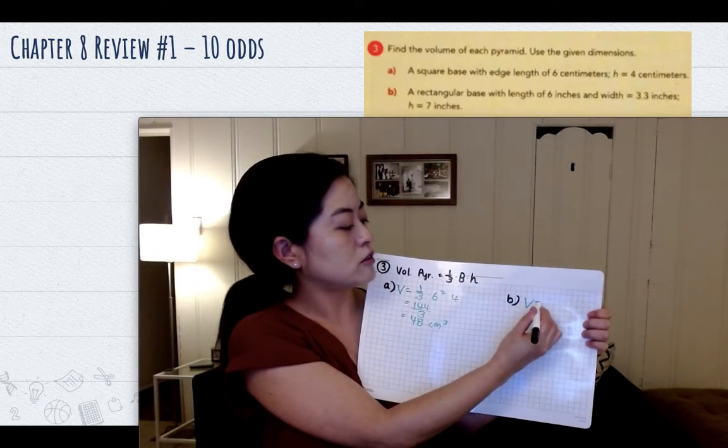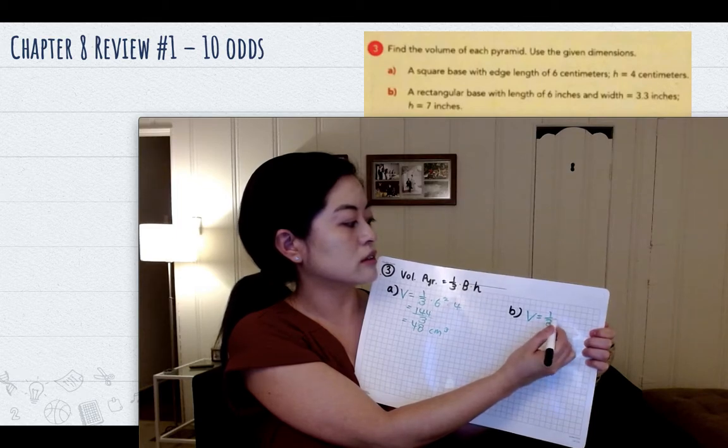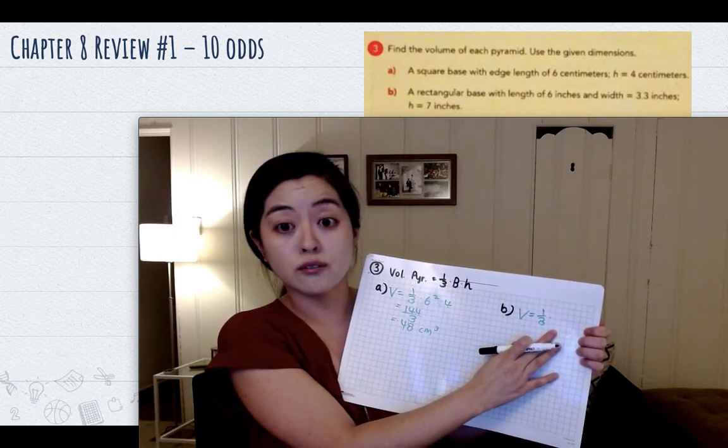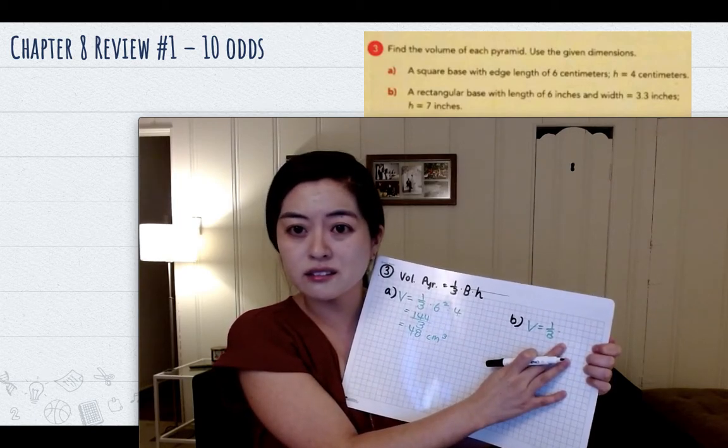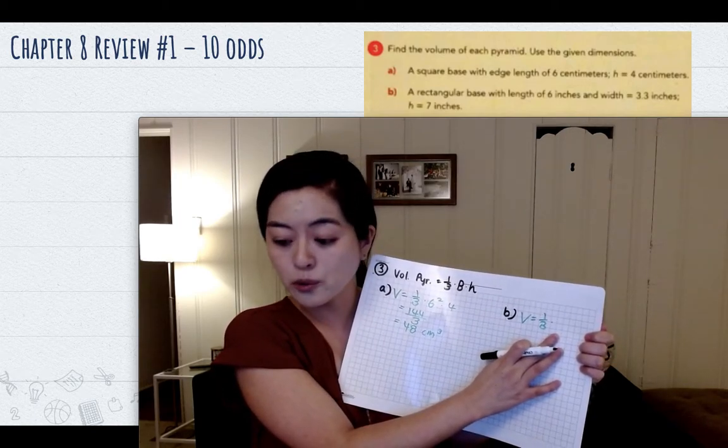Okay, so volume is equal to 1/3 times the base, which is a rectangle, and the length is 6 and the width is 3.3.